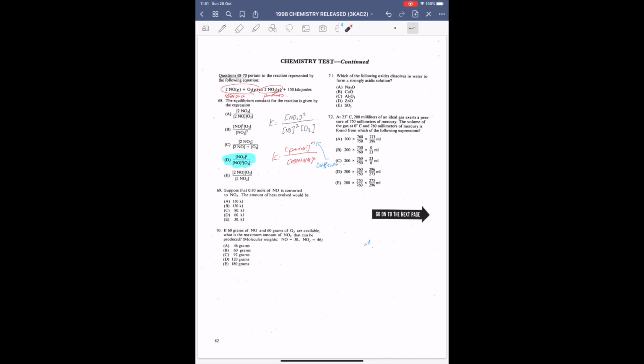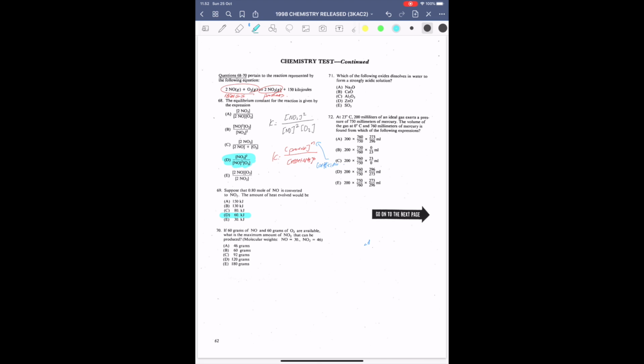That's pretty simple. 0.8 over 2 is 0.4, so we just need to multiply 150 by 0.4, which I believe should be D, 60.